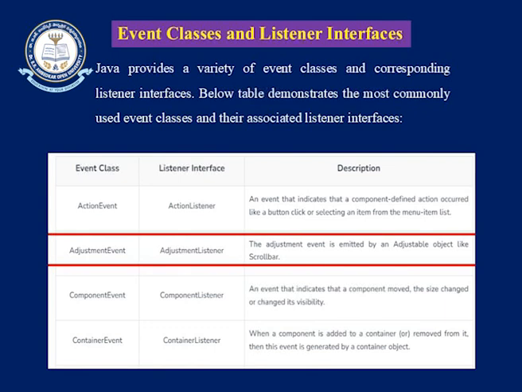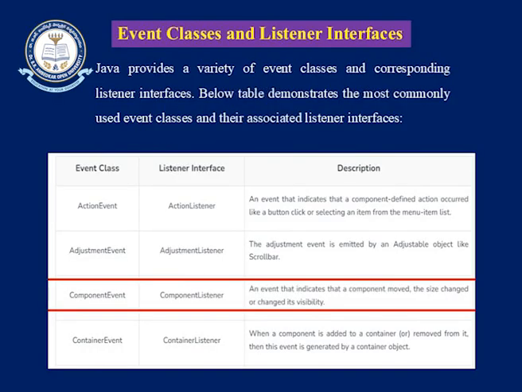Next one is the adjustment event. The adjustment event is emitted by adjustable components like the scroll bar. Suppose you want to scroll your form top to bottom or bottom to top, then the adjustment event will occur. That event is handled by the adjustment listener. Next one is the component event. It is an event that indicates that a component moved, changed its size, or changed its visibility.